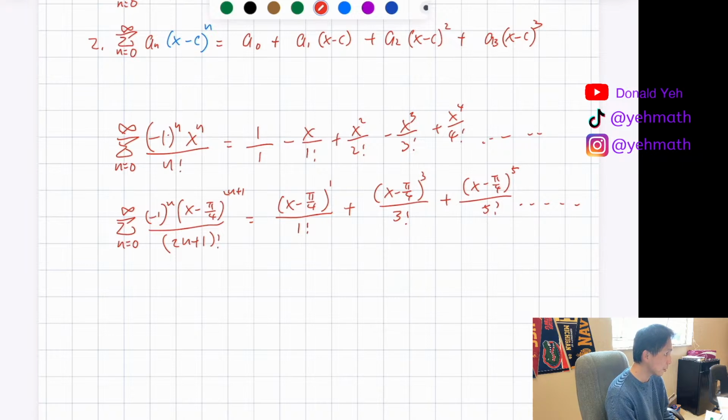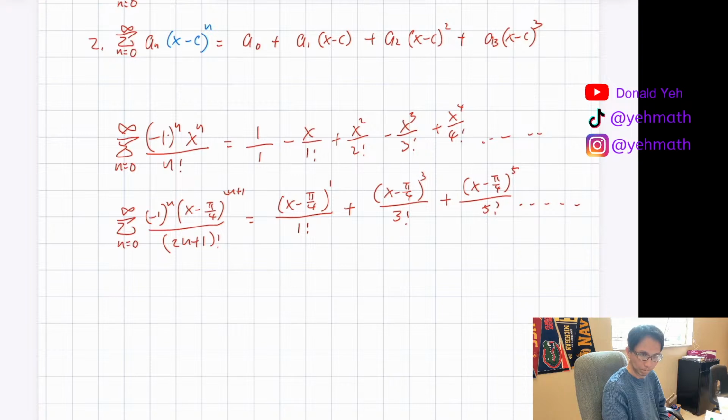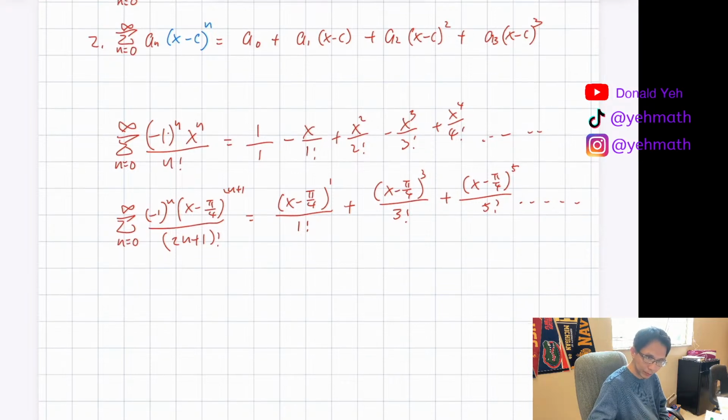What's the difference between those two power series though? What's the major difference? On the bottom, this is supposed to be alternating. Yep, you're right. The second one is negative.